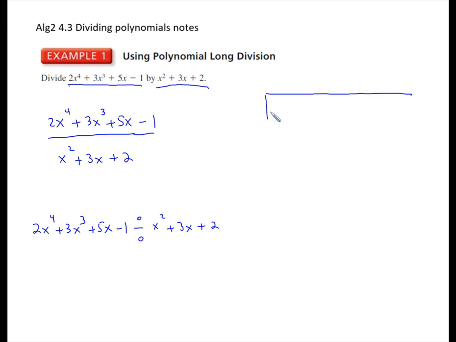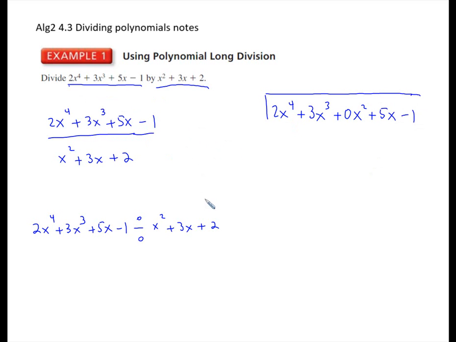So when you're setting it up, we have 2x to the 4th plus 3x to the 3rd, and since we're missing the x squared, you put plus 0x squared. You have to have this, or else you're most likely going to make a mistake. Whatever's in the numerator, if it's missing a term, put the 0 there.